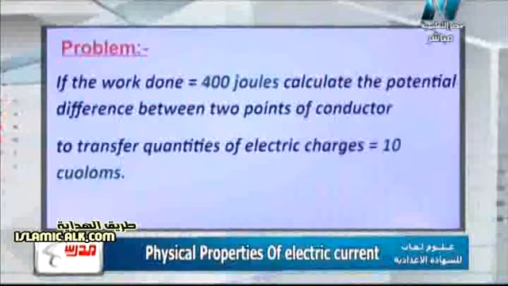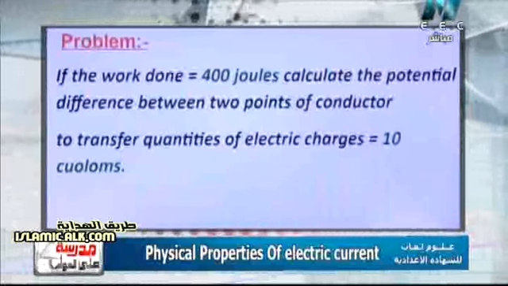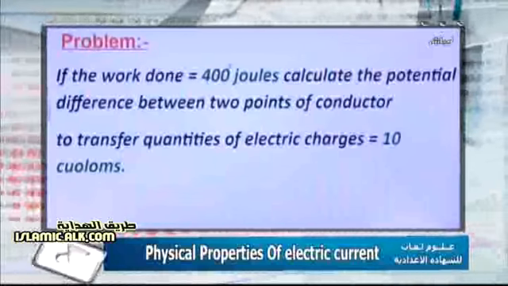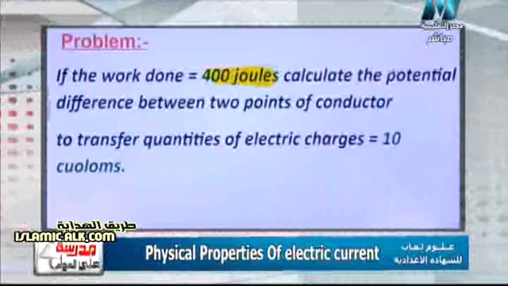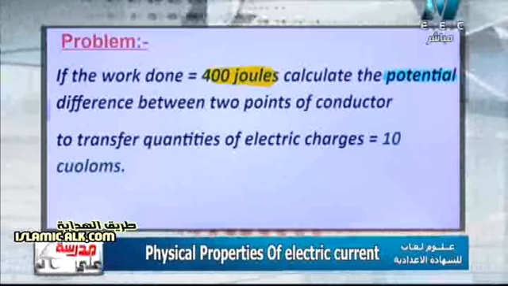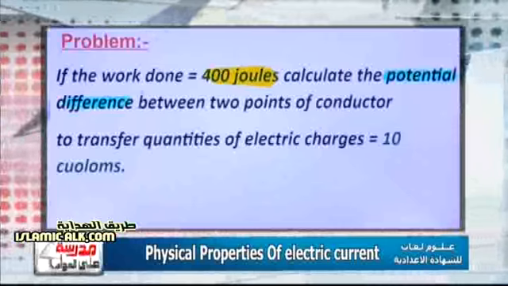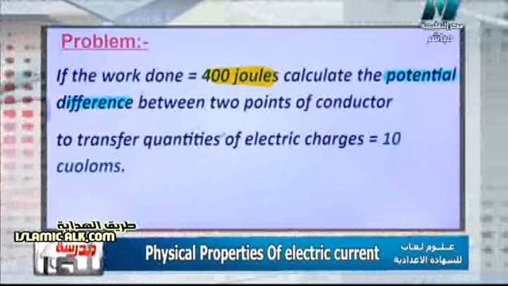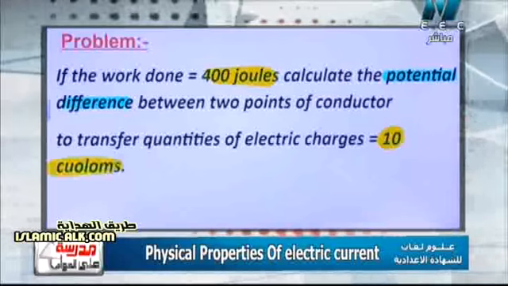We have here a problem that says: if the work done equals 400 joules, calculate the potential difference, which means V, between 2 points of a conductor to transfer a quantity of charge equal to 10 coulombs.